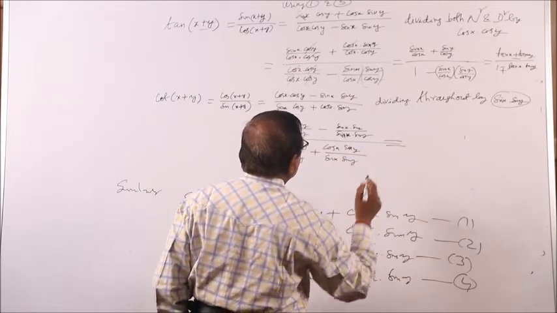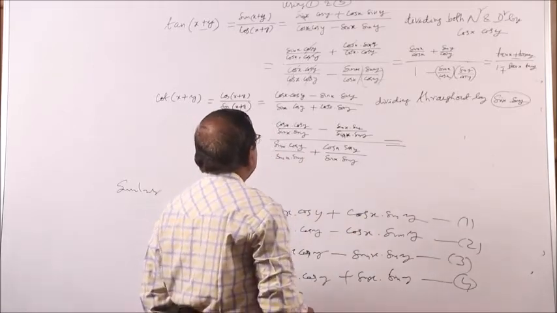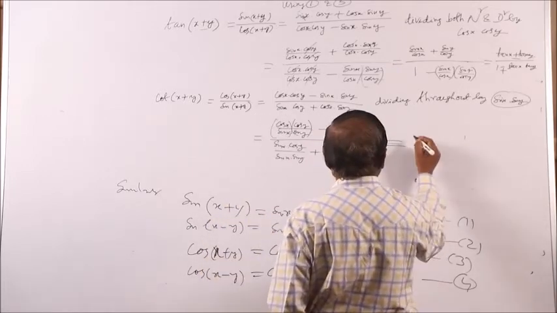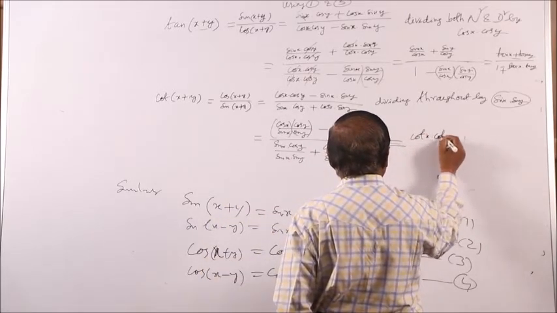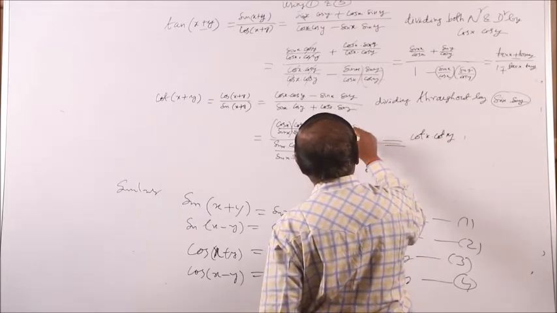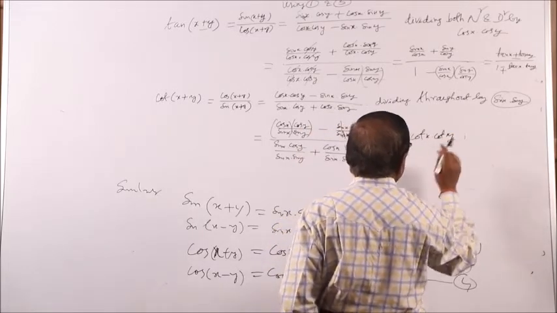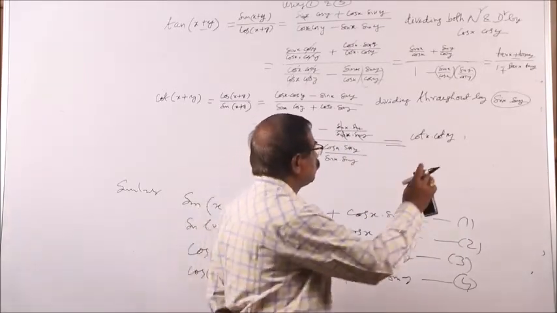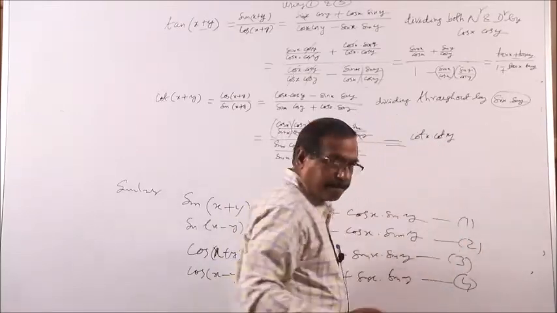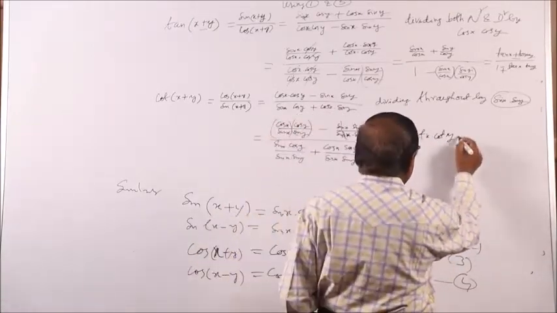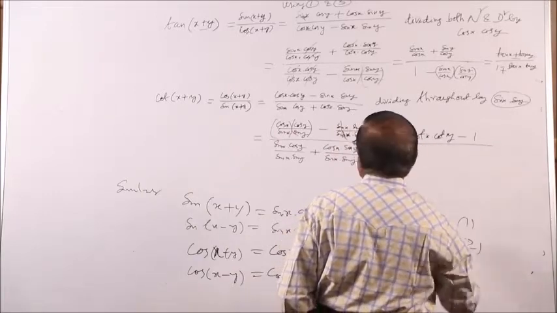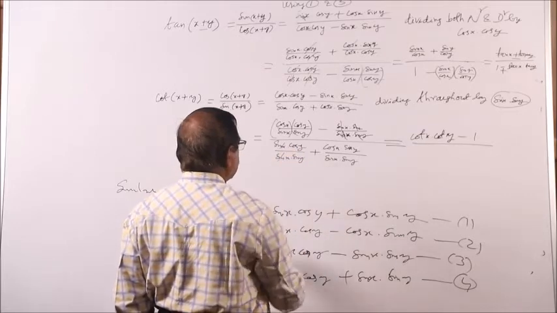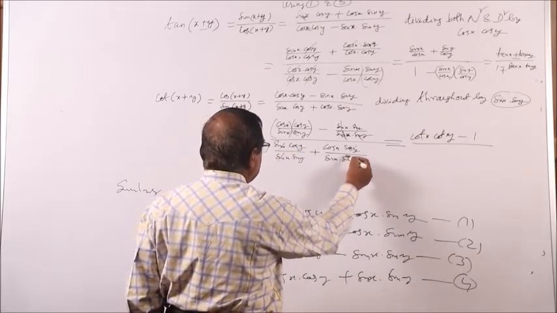So, you see what we will get. This cos x by sin x and cos y by sin y never goes, so it is cot x into cot y. Here all goes, so you get 1, you get minus 1 here. Divided by, the sin x goes, here sin y goes.